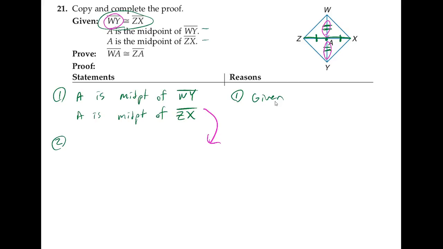So I'm going to choose to do that, which means that WA equals AY, and ZA equals AX. I'm just putting A in the middle, Z to A to X. And that's the definition of the midpoint, okay?